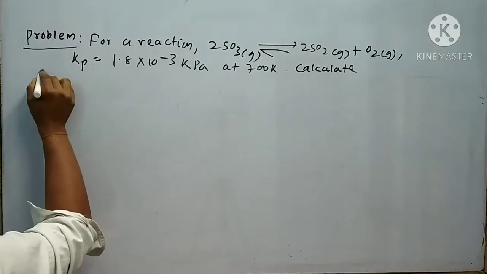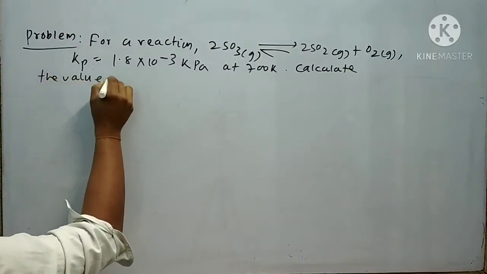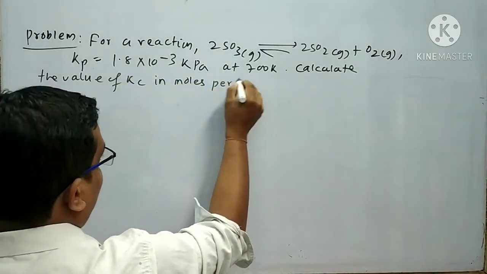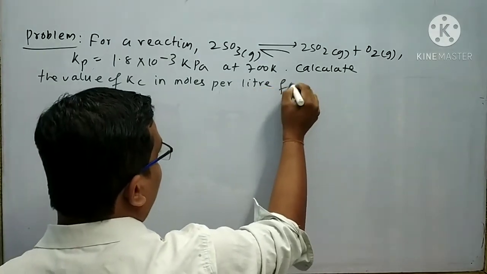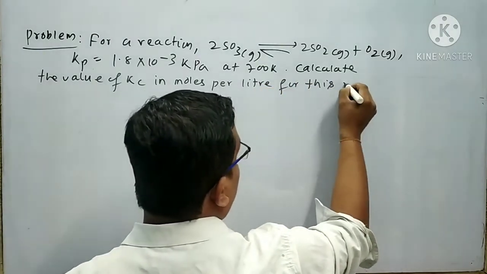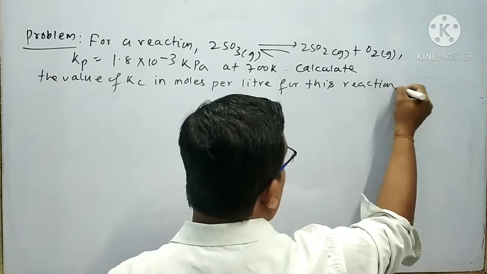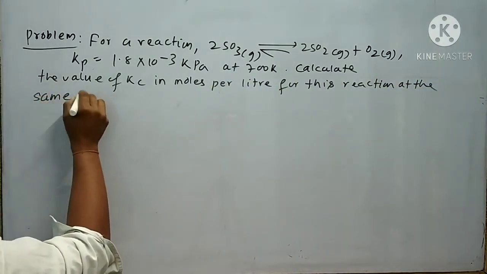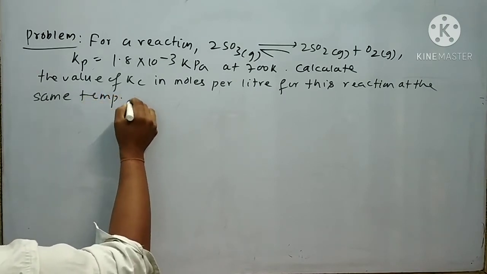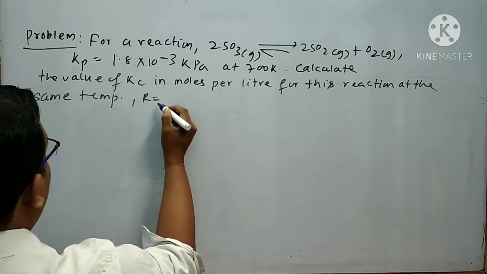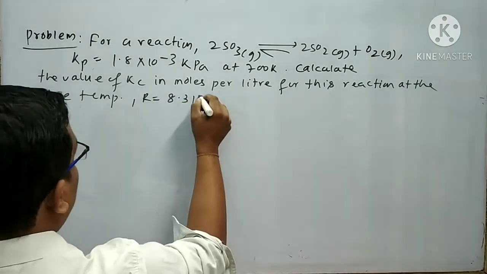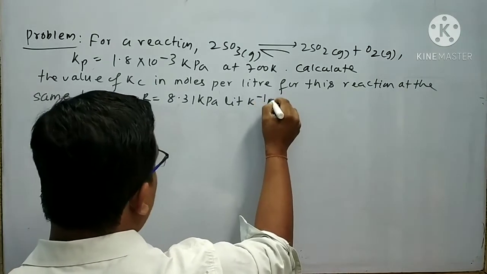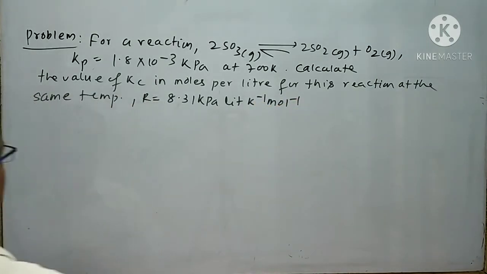Calculate the value of Kc in moles per liter for this reaction at the same temperature. The value of R is also given. R equal to 8.31 kilopascal into liter into Kelvin inverse into mole inverse.